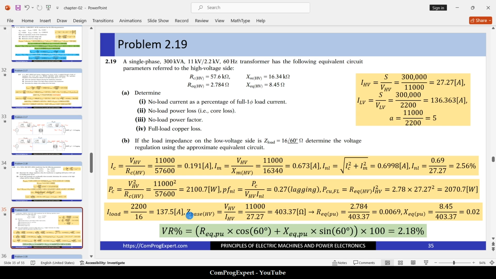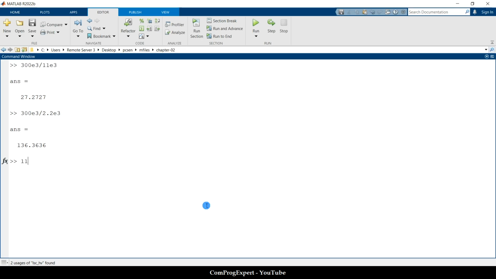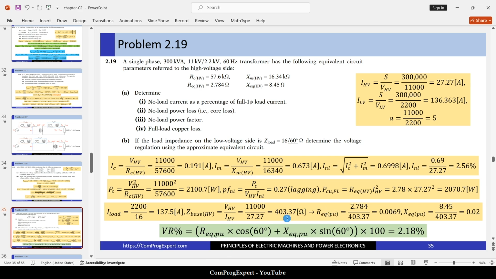And the value of the Z base, the base value of the impedance for the high voltage side, is V high voltage divided by the current of the high voltage, 11E3 divided by 27.27, 403, the value of the base impedance for the primary side.